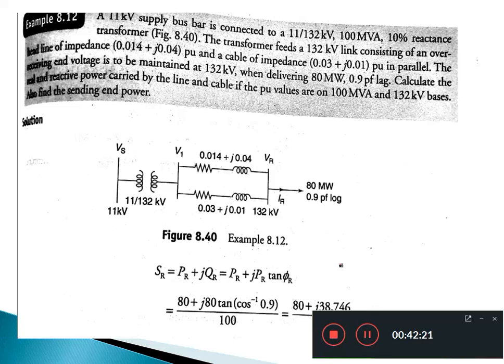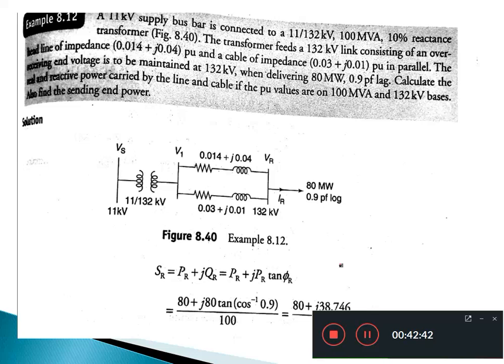The receiving end voltage is to be maintained at 132 kV. Deliver 80 megawatt at 0.9 power factor lag. Calculate real and reactive power carried by the line and cable if the PU values are 100 MVA and 132 kV base.